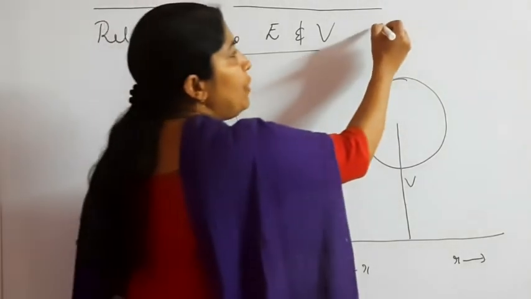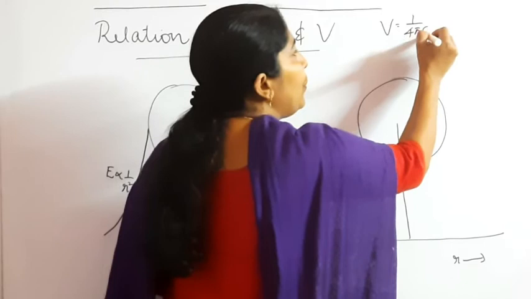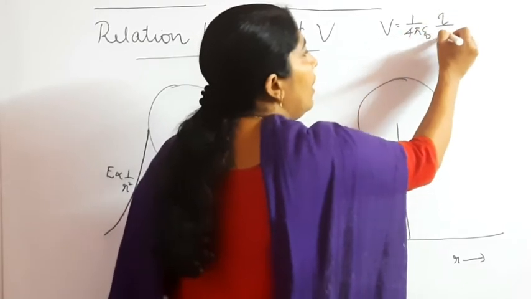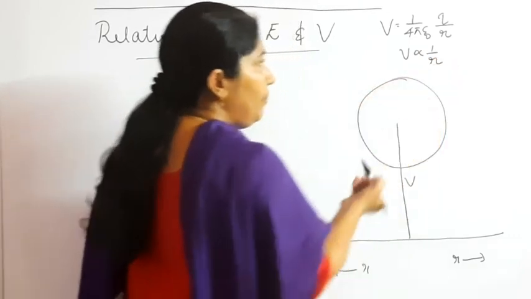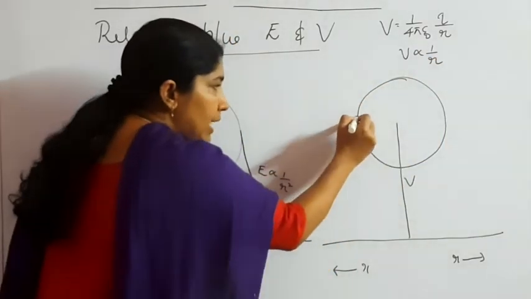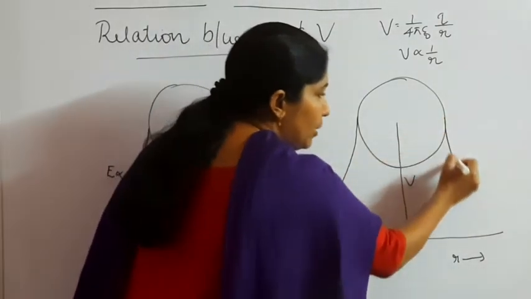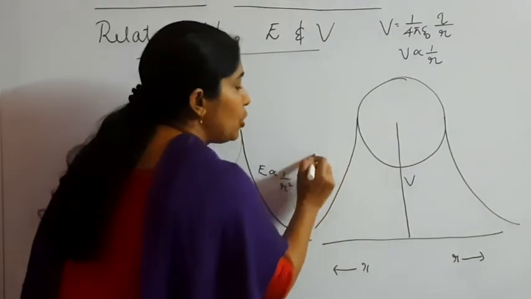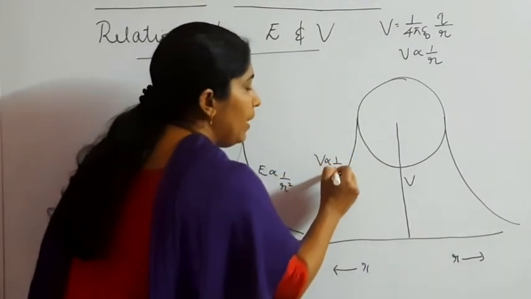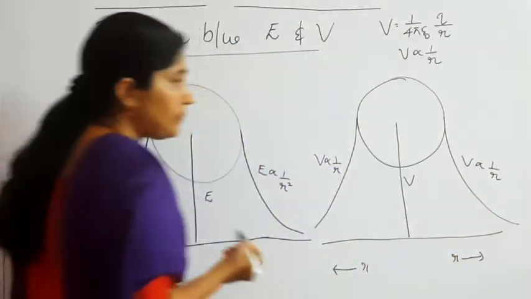We know the equation for potential: V is equal to 1 by 4 pi epsilon 0 into Q divided by R. From here, V is directly proportional to 1 by R. Therefore, outside the shell the potential graph is just like this.